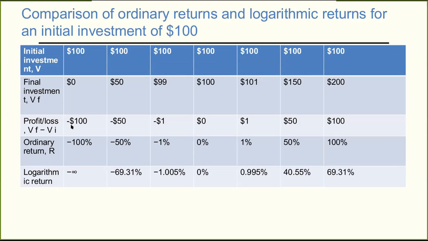We can find only profit. So profit is the difference between final investment and initial. So we have minus 100, minus 50, minus 99, minus 1, this is 0, and this value plus 1, 150, and so on.